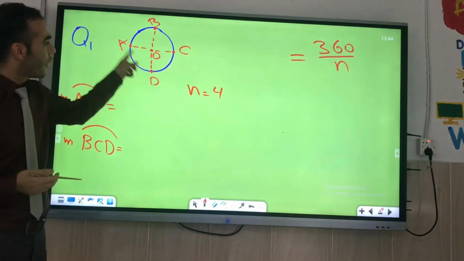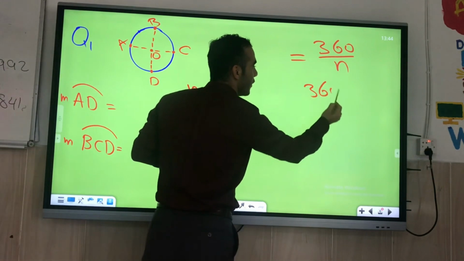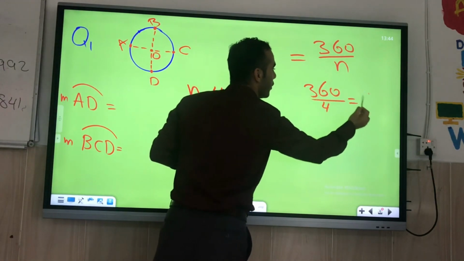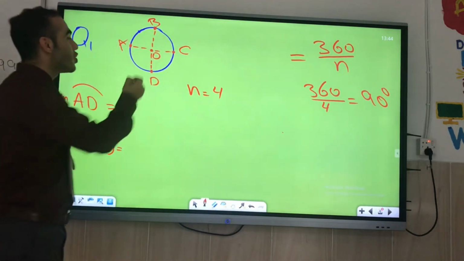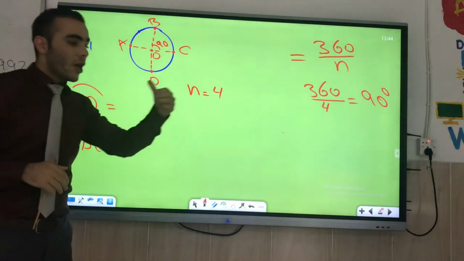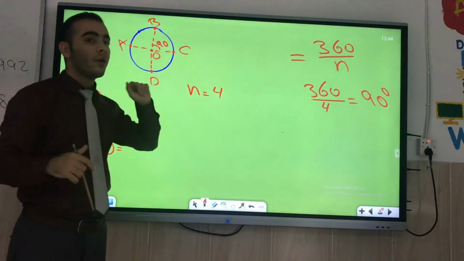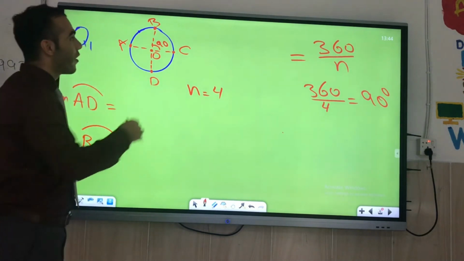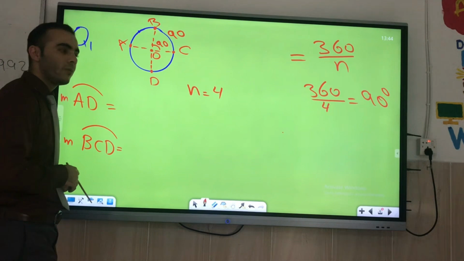Here we have 4 equal parts, so 360 divided by 4 will be 90 degrees. It tells us that each central angle is equal to 90 degrees. Remember the important point that I said, central angle is equal to the arc across from it. So automatically the arc is going to be 90 degrees.